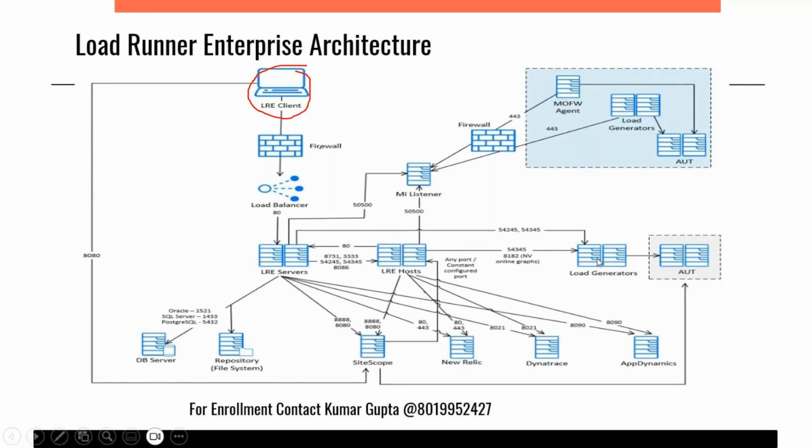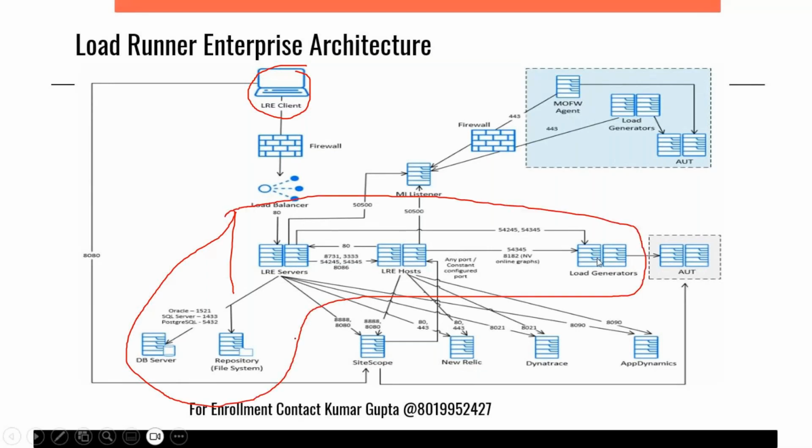Typically, this is your LRE installation, and it will be inside the firewall of the company. Typically it is installed in companies, which means there will be a firewall. For me, there is no firewall, because I have installed it in my institute.